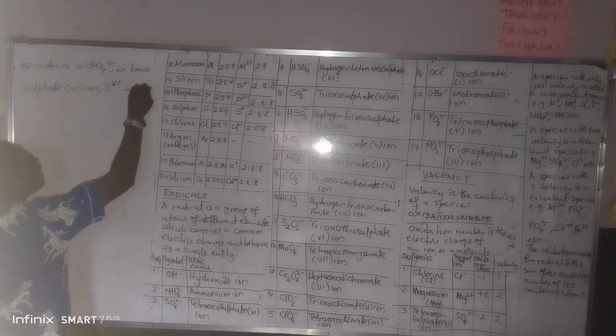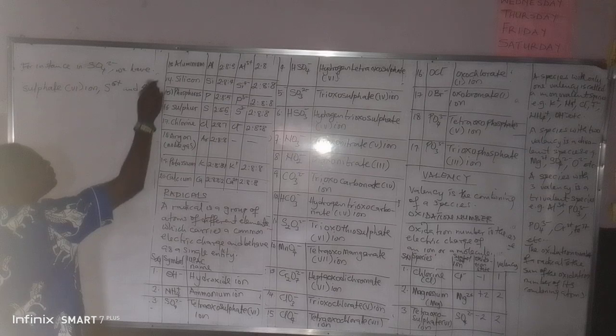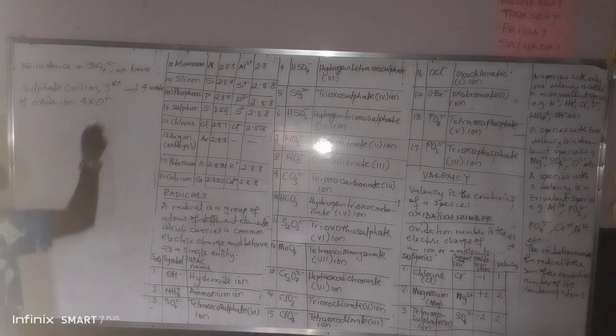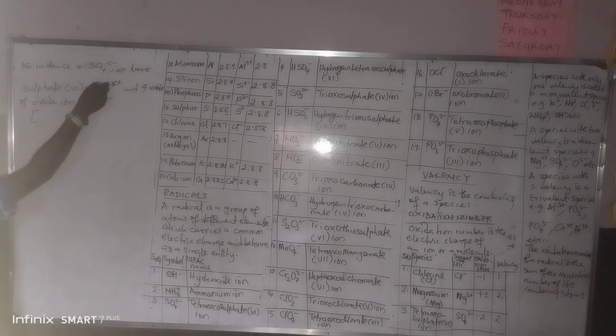And 4 units of oxide ion. So I say 4 times O2 minus, 4 oxide ions combine with this. So let's look at the arithmetic now. The charge of this is plus 6. We are adding it to what?